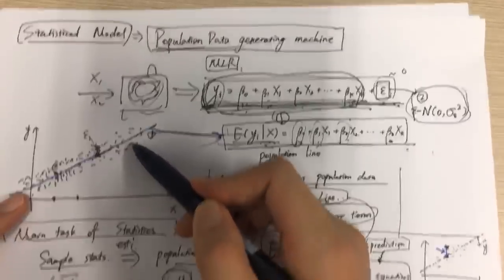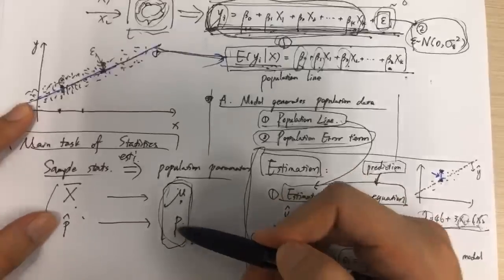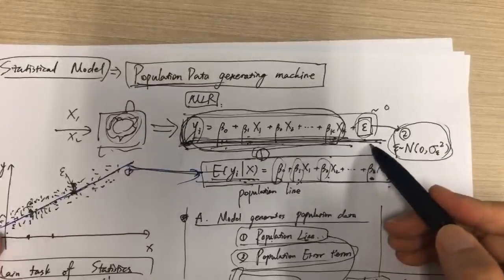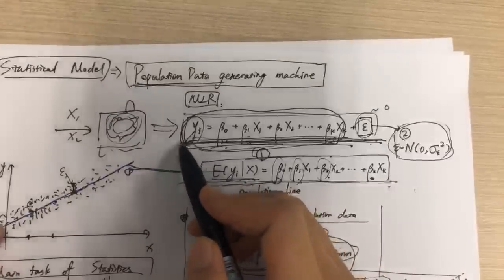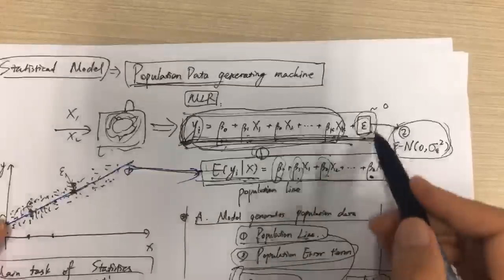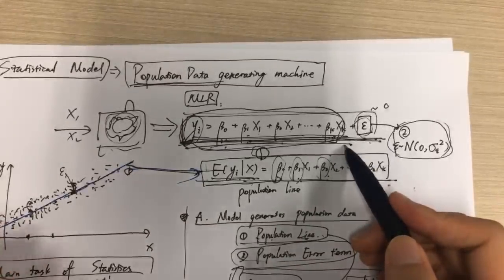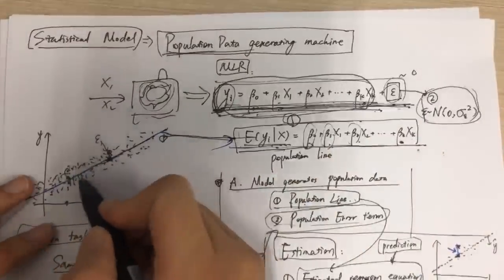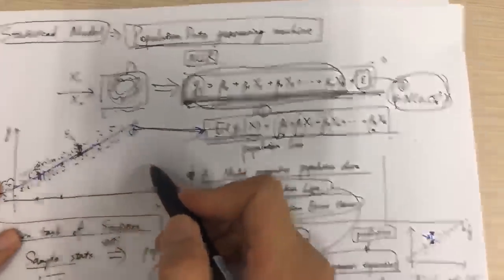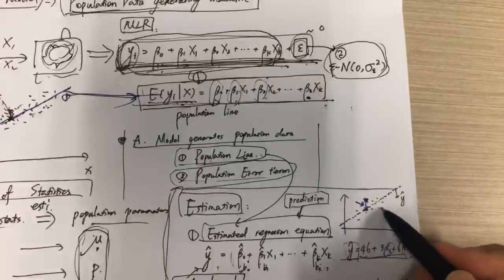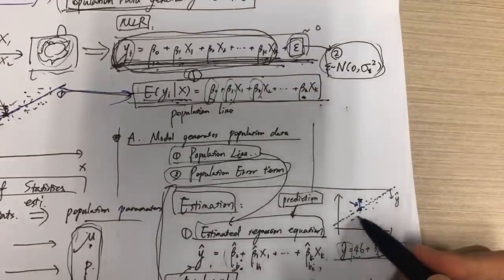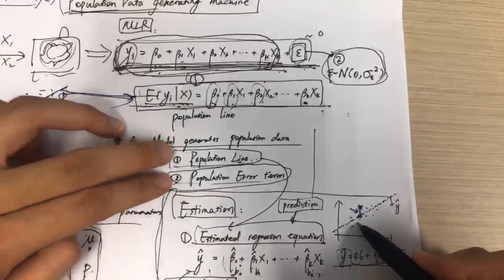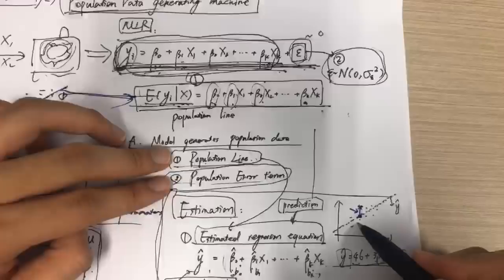However, just like the population mean and population proportion, for any population parameters, we will never know its true value. So theoretically, there should be some true values, but we need to estimate them, right? So therefore, we take a sample from this population. So this is our sample. Using this sample, we can estimate both of the two parts in the population regression model.